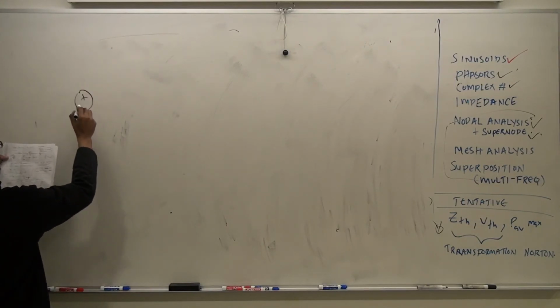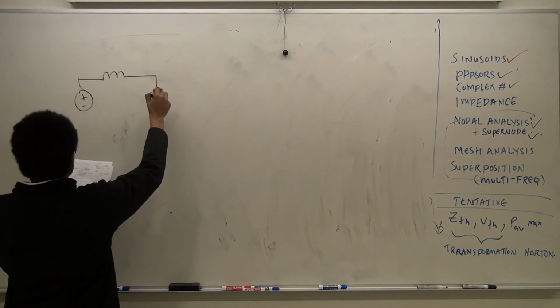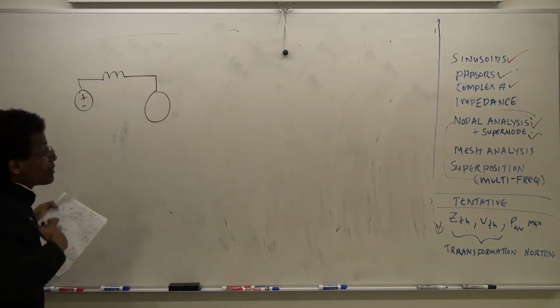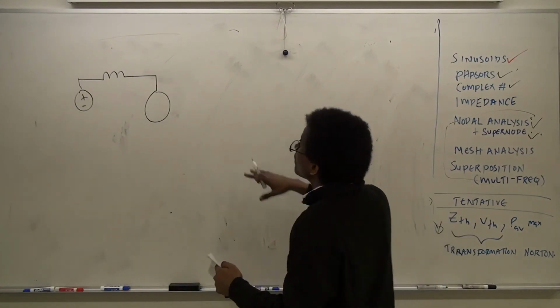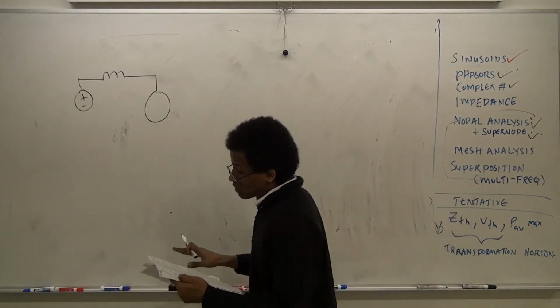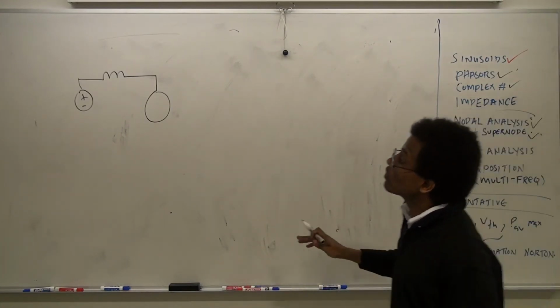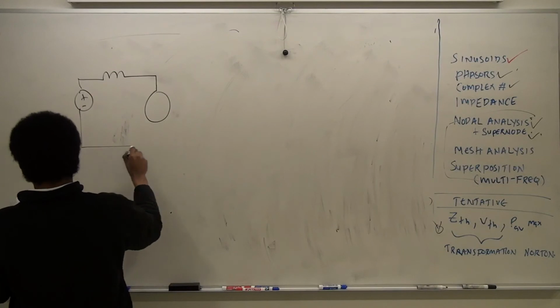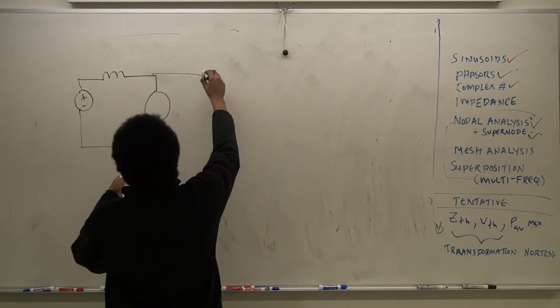Now, for this problem, in my knowledge there are only two ways to do it, though I may be wrong: using the superposition principle and using the transformation. Not all problems can be done using the transformation, because it depends on how convenient the circuit is.